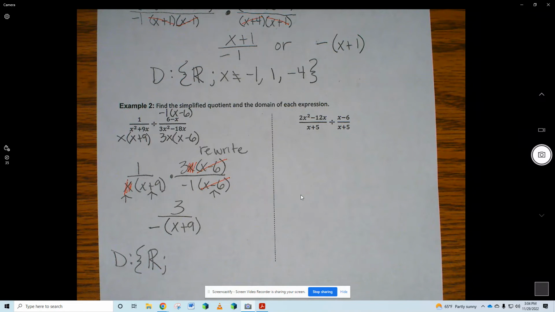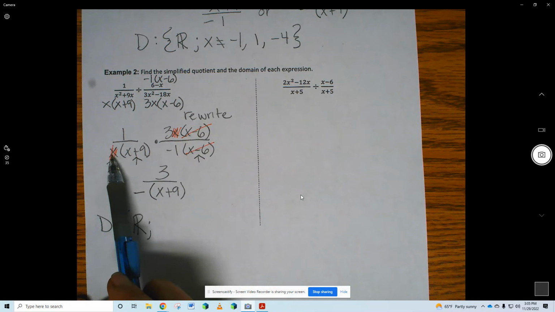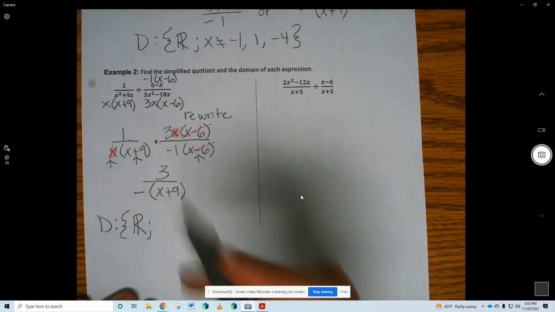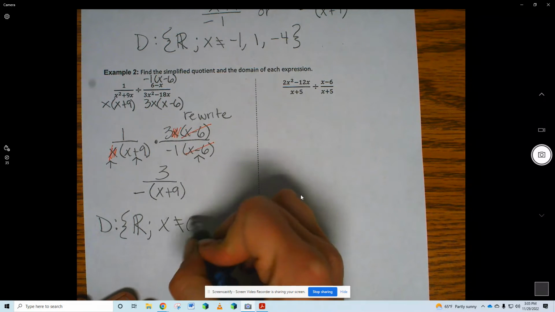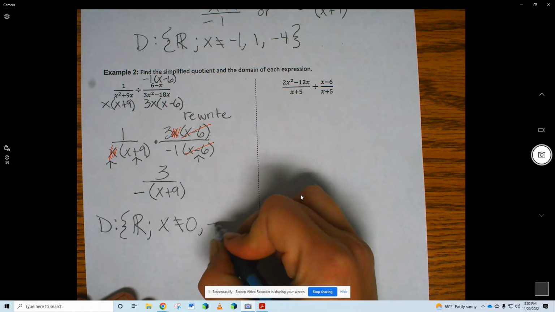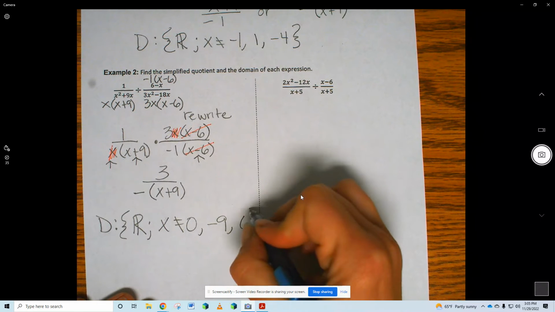However, I do not want my denominator to have a 0, so this x is all alone. It still needs to be set equal to 0. X cannot equal 0. What else can't it equal? -9. What else can't it equal? 6. Close brace.